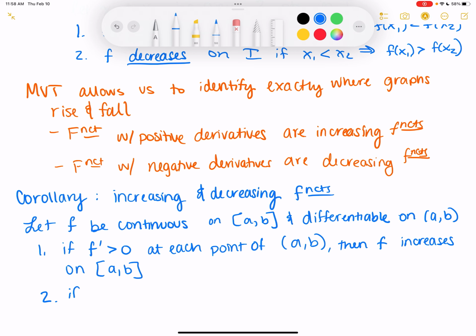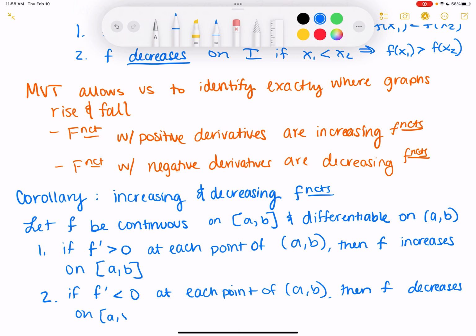And 2, if f prime is less than 0 at each point of the open interval a to b, then f decreases on a to b.